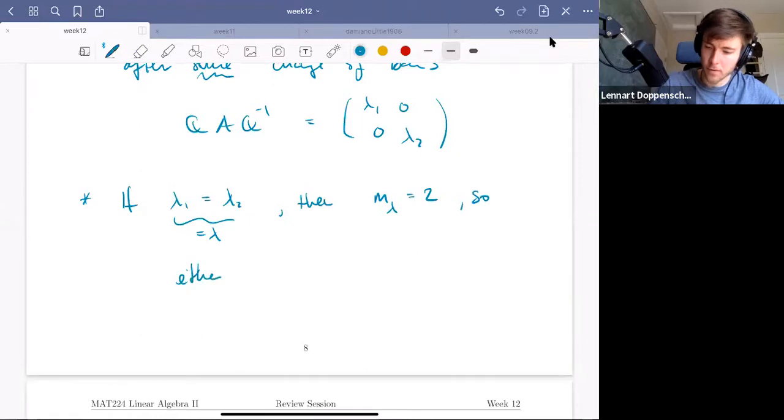Now we have to divide further into cases.